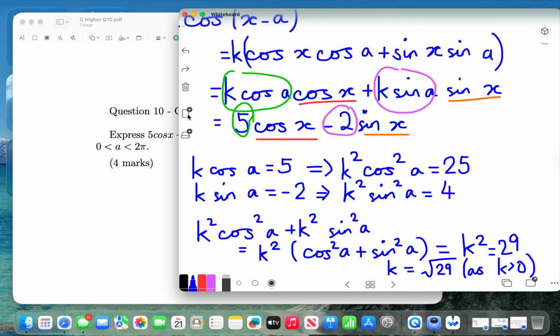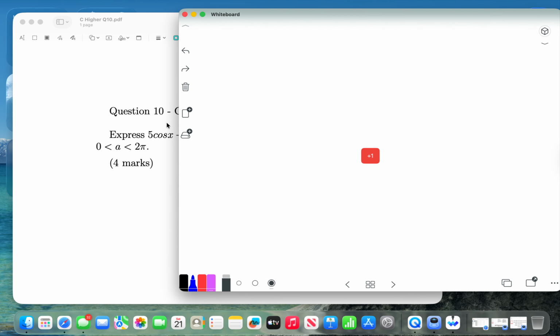The next part we have to figure out is the value of a. Now I've got k sine a and k cosine a.